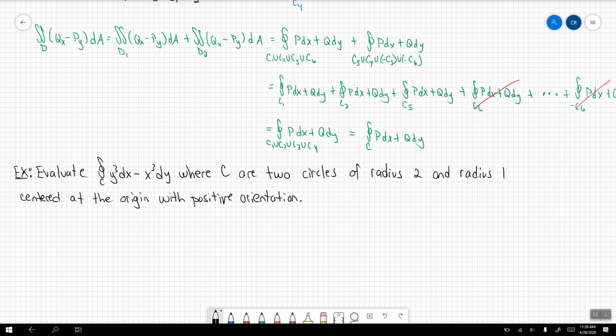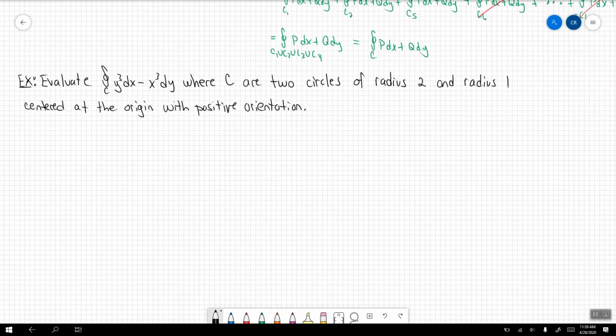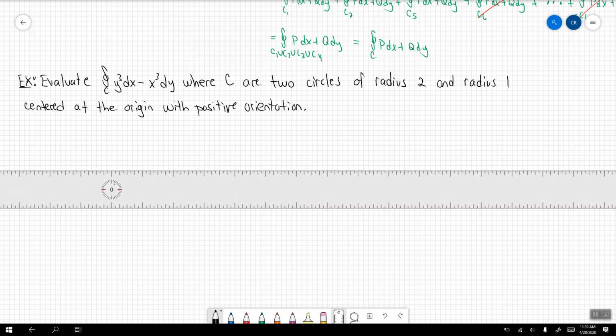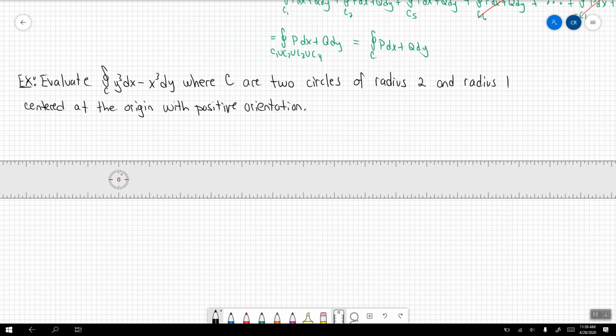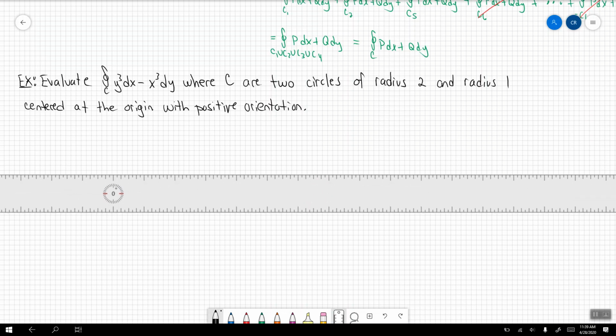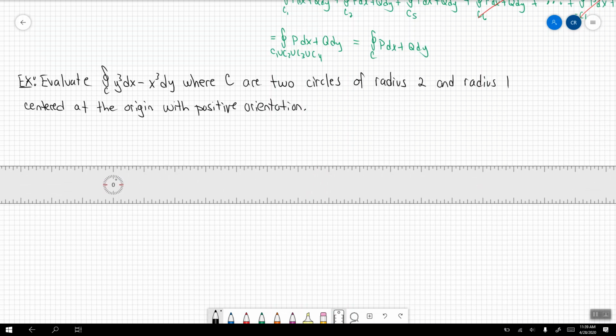Alright, so let's start looking at this. What I'm going to do really quickly is get a grid going here because, again, I want to look at what this specific domain is, what the region is that I am trying to answer the question for.